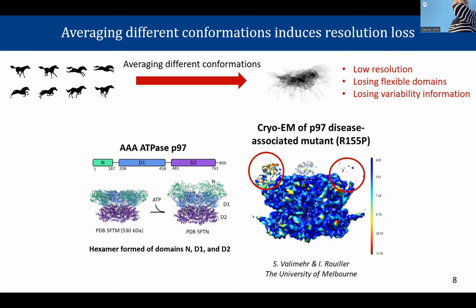But these yellow and red colors are the regions that are more flexible. So where the resolution is, let's say, lower, as you see, we lost the end domains here totally.